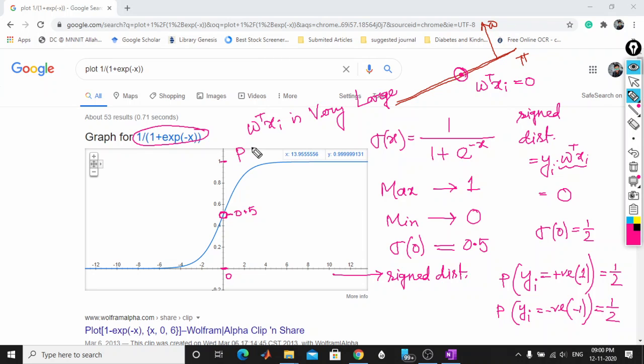So the probability of yi equals 1 is equal to 1. As this distance gets larger and larger, our function pushes it closer to 1. Okay, so now let's go back to our main window.